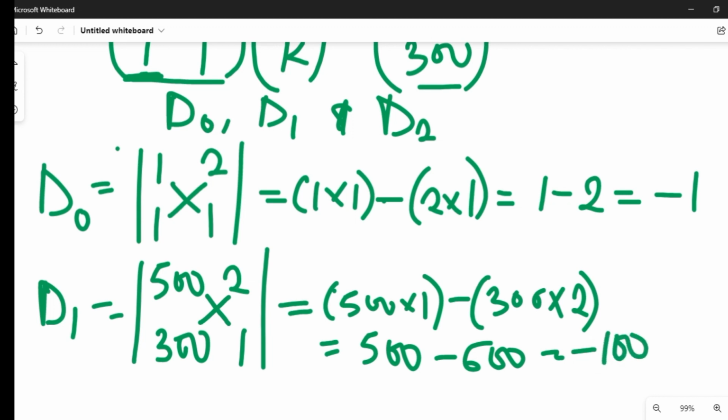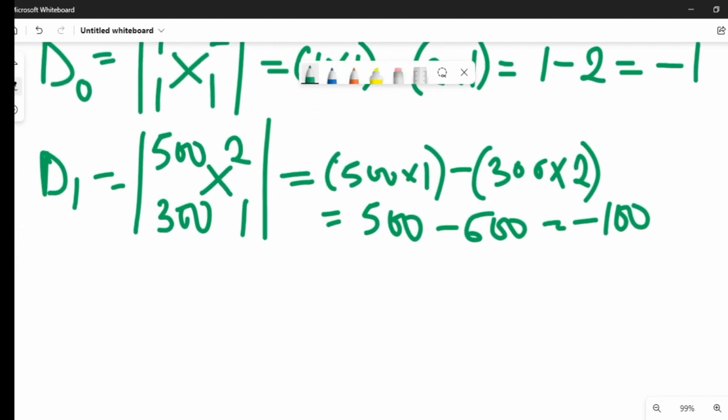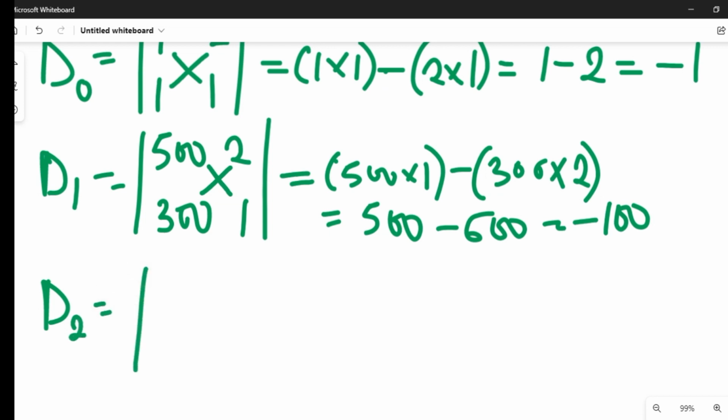Fine. So the next thing we are going to do is look for our third value, which is our D2. Our D2 will now be equal to, this will give us 1, this will give us 1, this will give us 500, and this will give us 300.